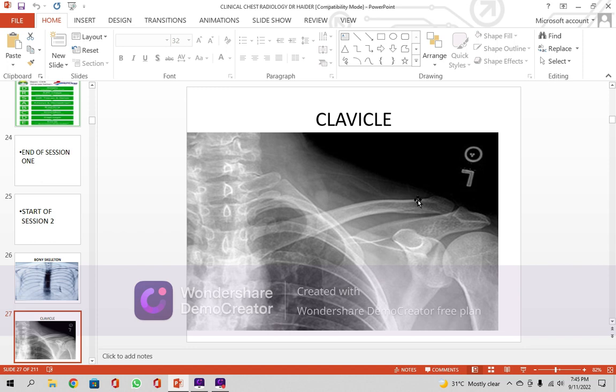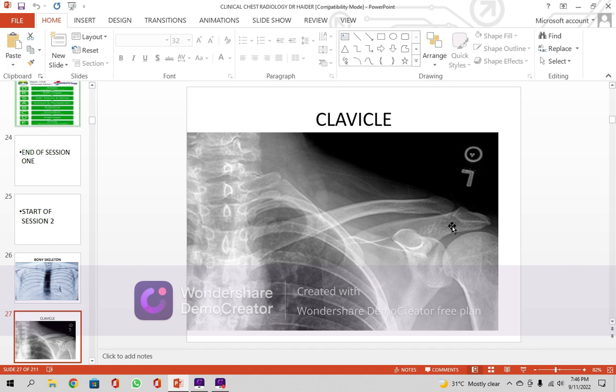Starting with the first one, that is the clavicle, making the joint, the shoulder joint is a part of it, and it is making the joint with what is known as the scapula. And this is the joint here, which is made by the lateral end of the clavicle with this. So this joint should be checked out.